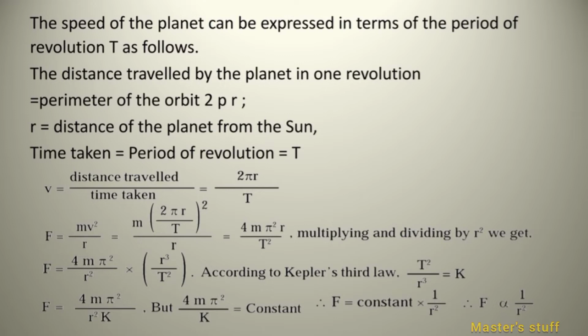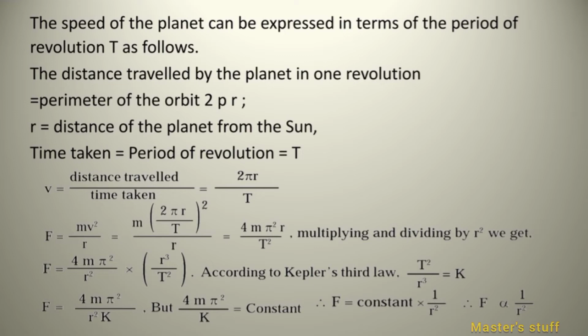We had already obtained that F is equal to mv square upon r. Thus, substituting the value of v in the formula, we get F is equal to m into (2 pi r by T) whole square upon r, which is equal to m into 4 pi square r upon T square.